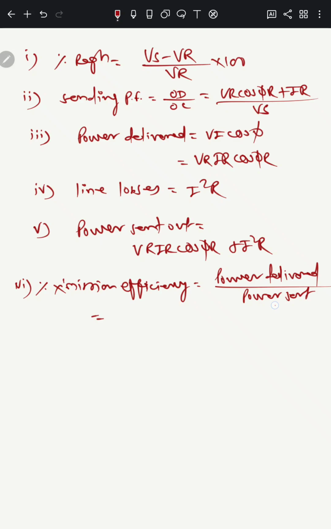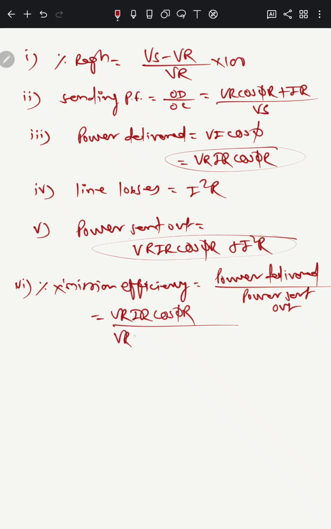Now the power delivered is Vr IR cos phi r divided by power sent out, which is Vr IR cos phi r plus I square r, multiplied by 100.